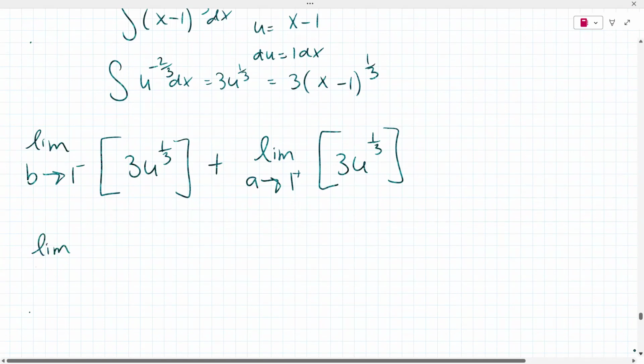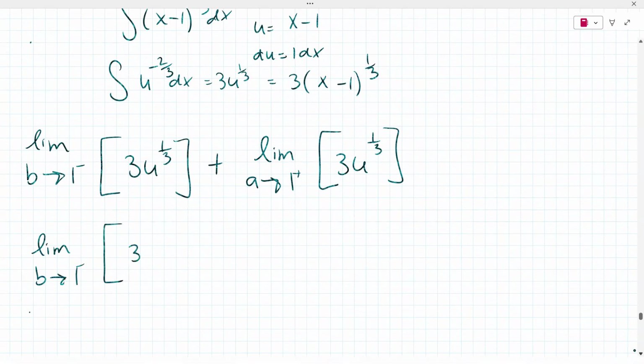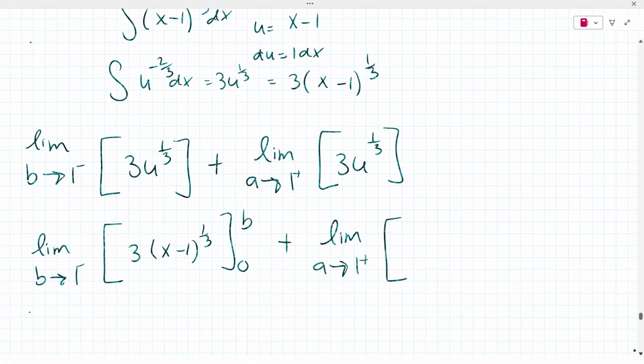The limit as b goes to 1 from the left of 3 times (x minus 1) to the 1/3 from 0 to b, plus the limit as a approaches 1 from the right of 3 times (x minus 1) to the 1/3, from a to 3.